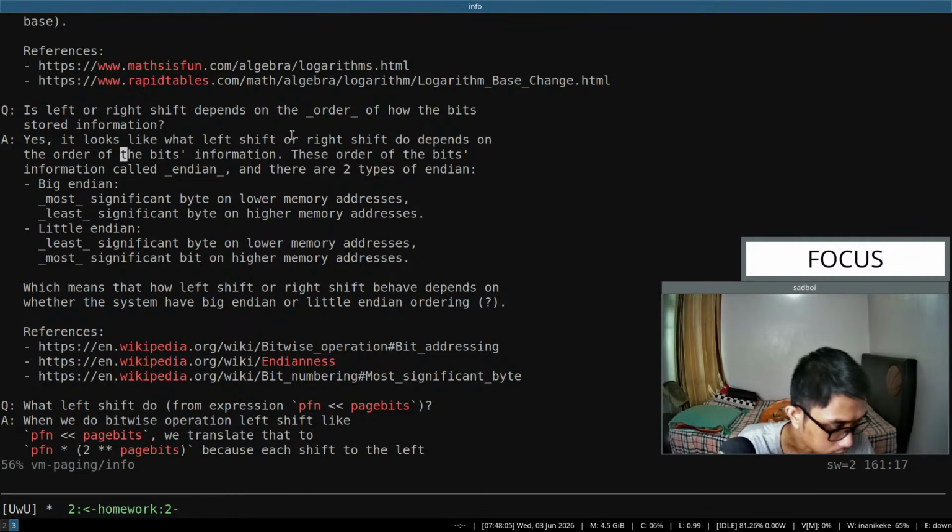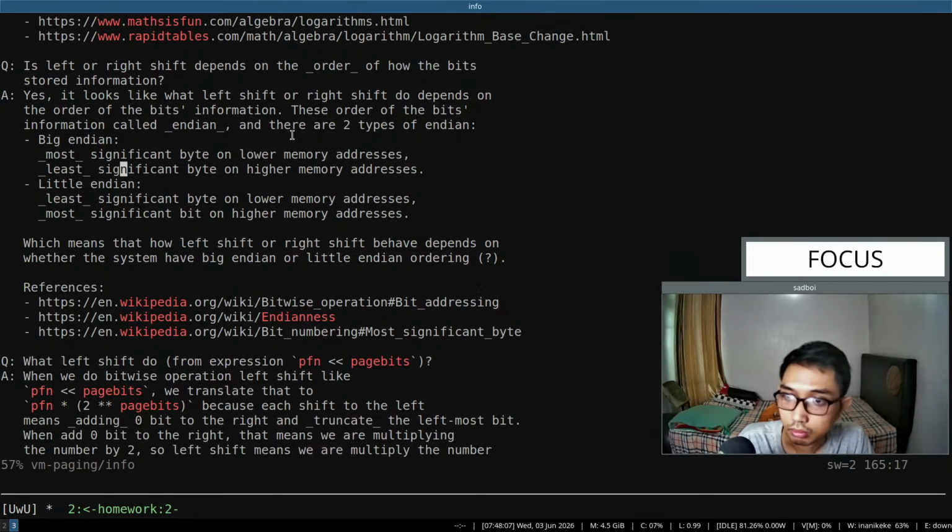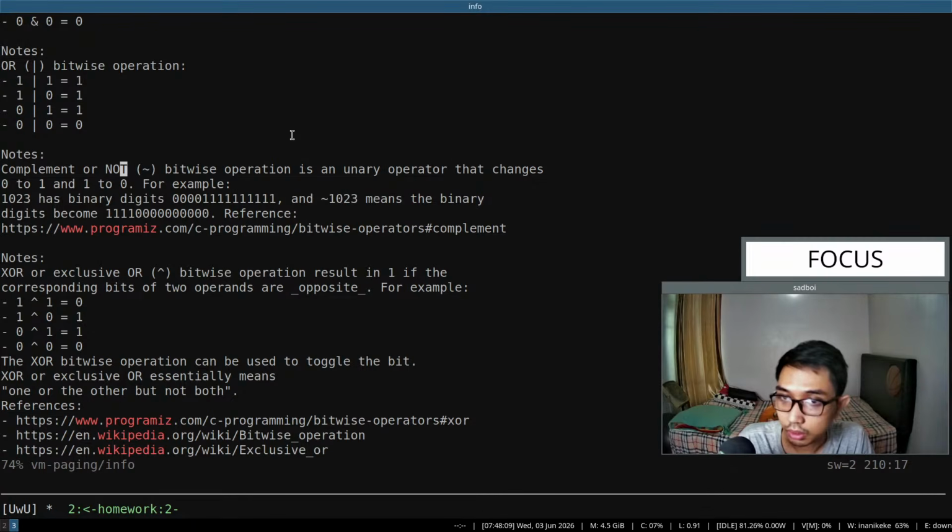And shift them manually. Okay, well, I have some example here. I think we can use this one.